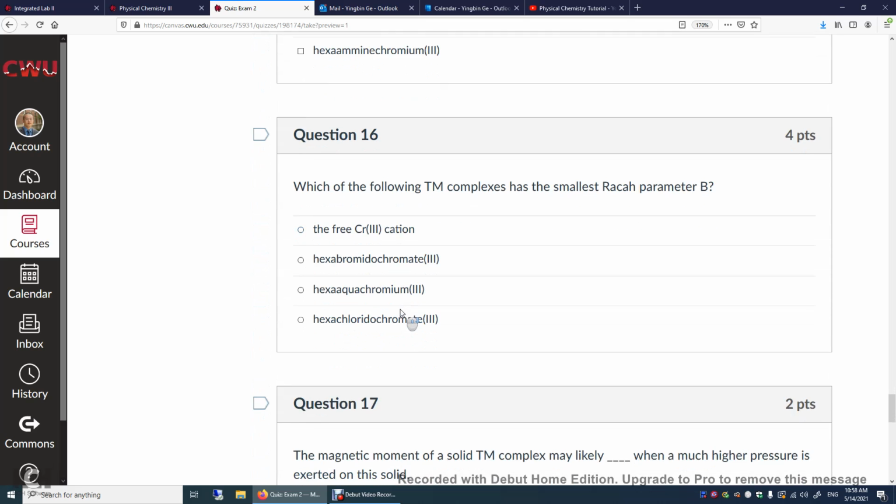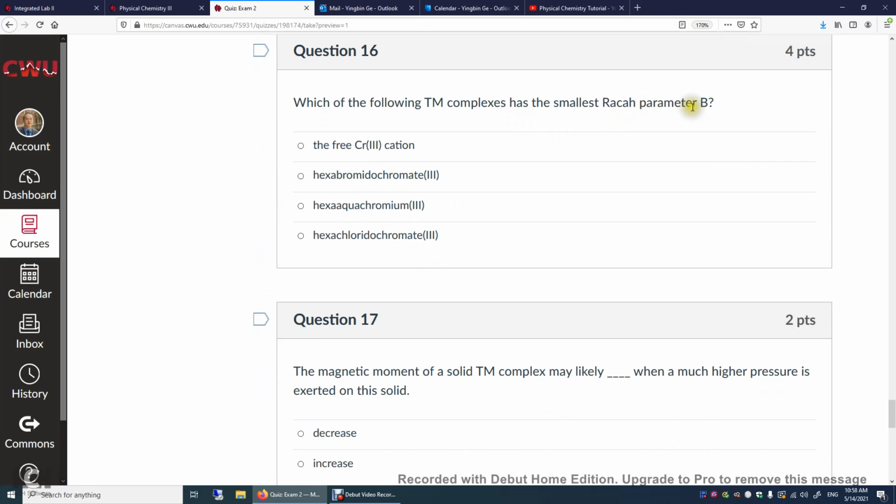Question 16, the smallest Racah parameter B. Again, this B accounts for the extra repulsion between 2 d electrons in 2 different d orbitals in the same plane.